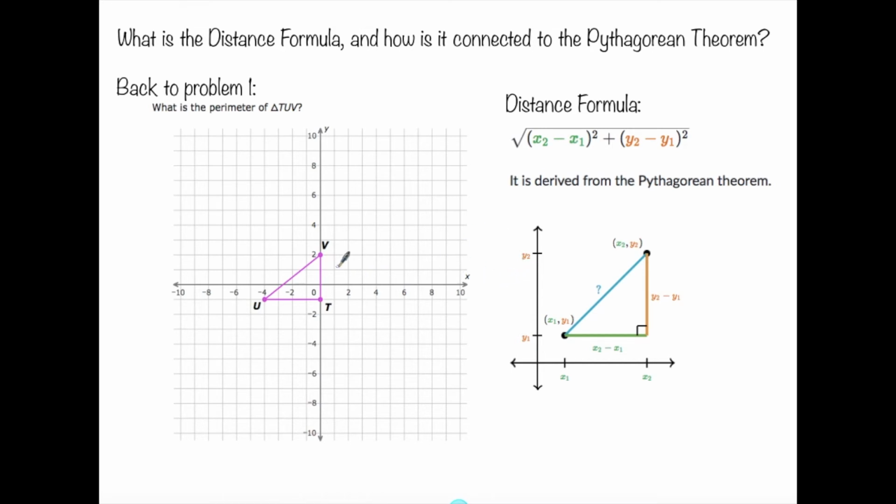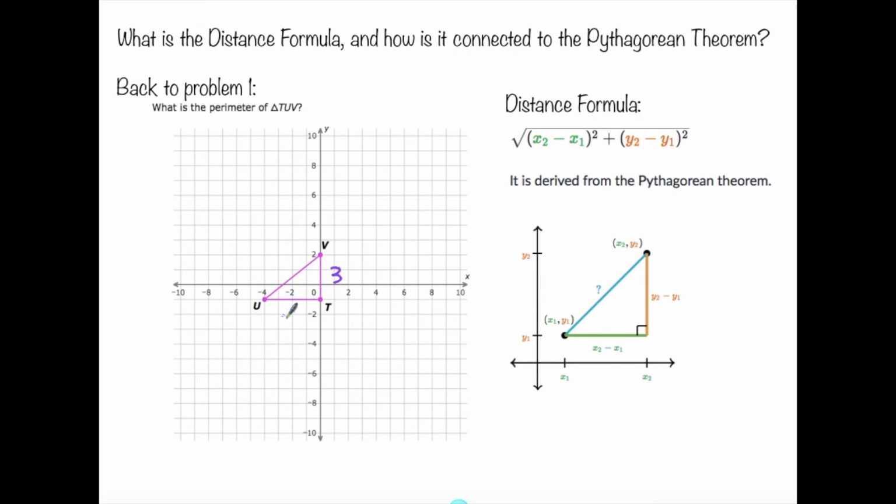So when we found the distance that was missing here, we found out this was 3 units long because we can see that, but we could also find that by taking our y value up here, subtracting the y value down here, and the difference between those y values is 3.